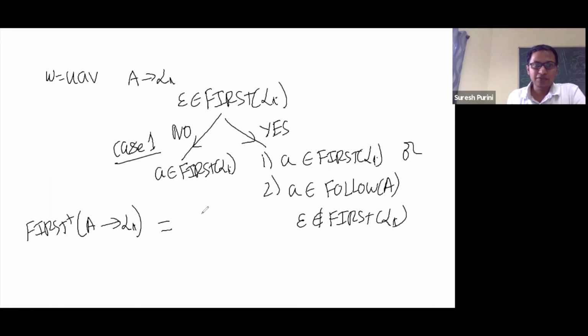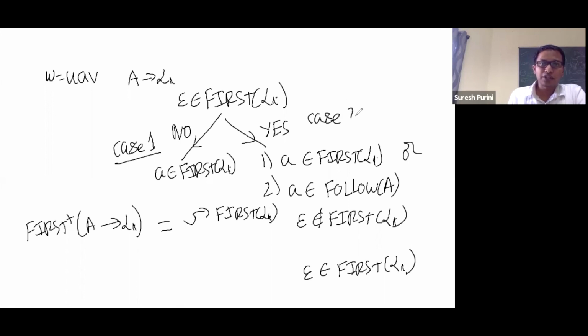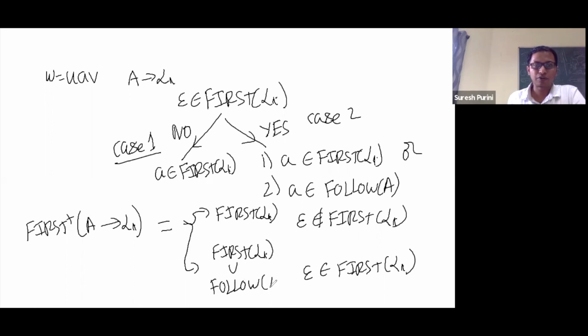In this case, first plus is simply defined as first of alpha. The second case is epsilon belongs to first of alpha I. This corresponds to the yes branch here. In this case, first plus is defined as first of alpha union follow of A.